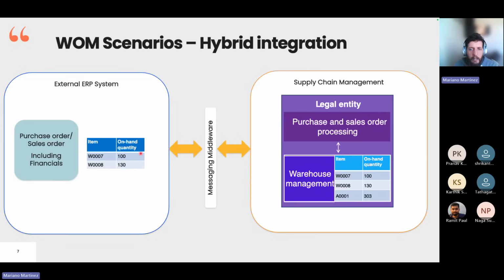Okay, so in this case, you could have, for example, these two items, and you order some quantity, you will have reflected on your warehouse management, but also a purchasing and sales processing from your own legal entity that is going to work with your inventory as well. So you could separate the process, you could have it all together, and so on.